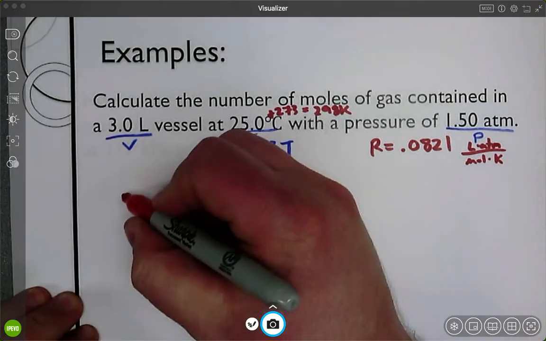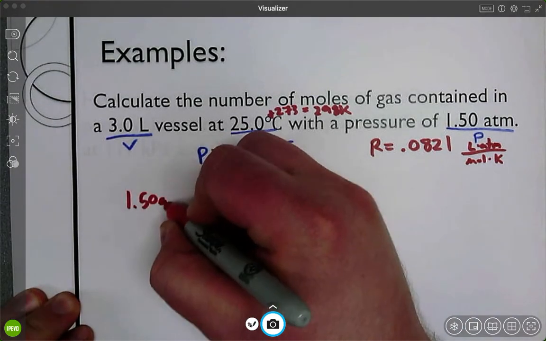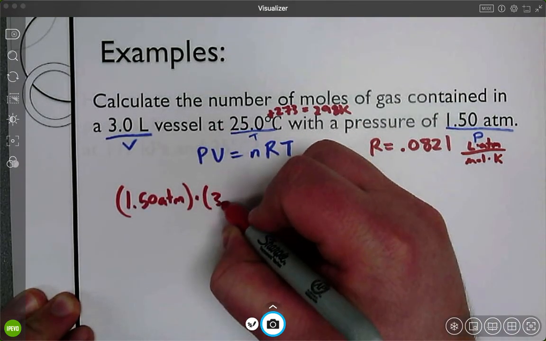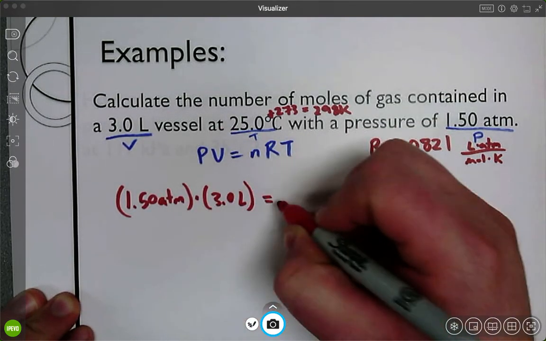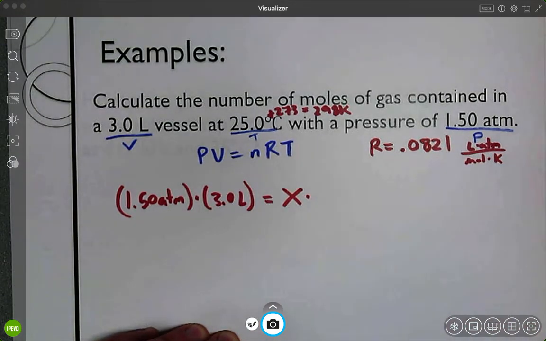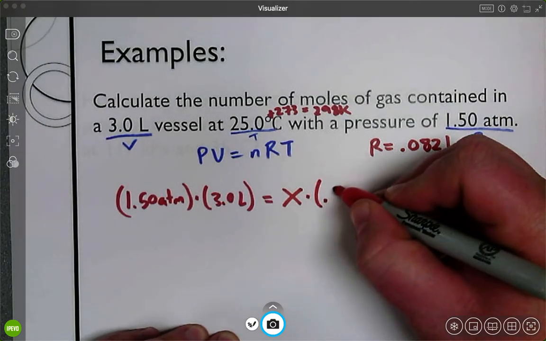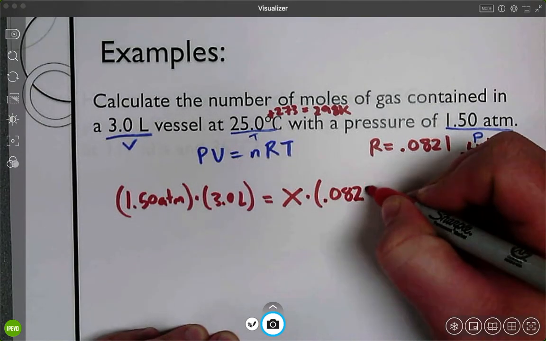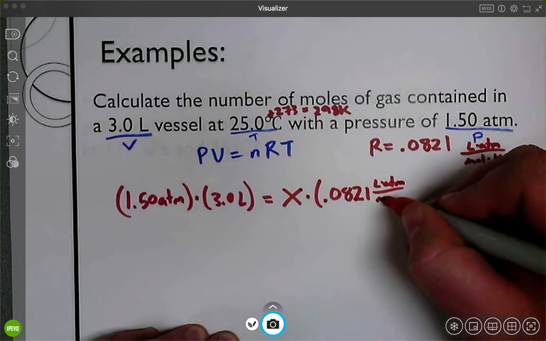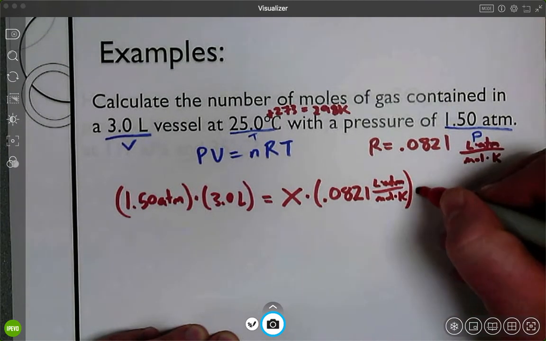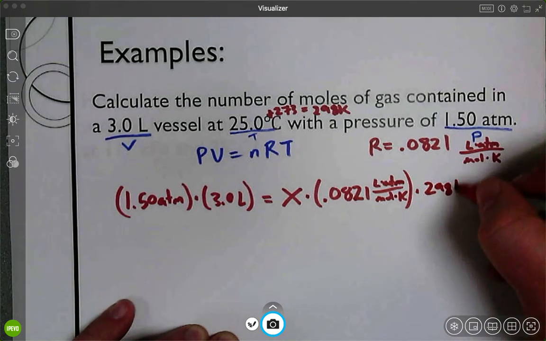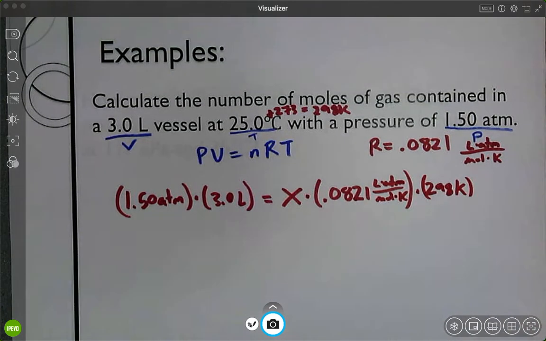So pressure is 1.50 atmospheres times the volume, which is 3.0 liters, equals number of moles, I don't know that, I'm just going to put X, times the R value, which is 0.0821 liters atmospheres over moles Kelvin, times the temperature, which is 298 Kelvin. And then you simplify.